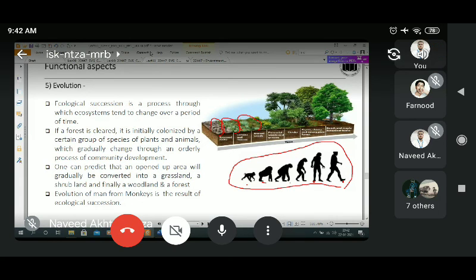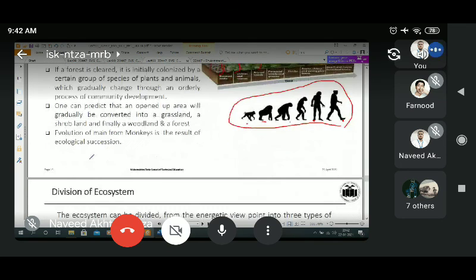But this evolution depends on the fossils from the organisms and microorganisms. That's why the evolution of the natural resources is also necessary, so that will also come into the functional aspect of your ecological system.